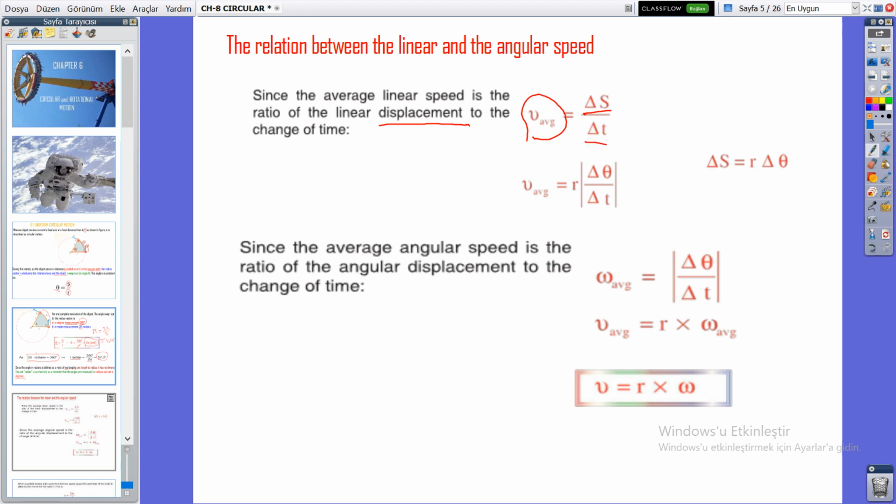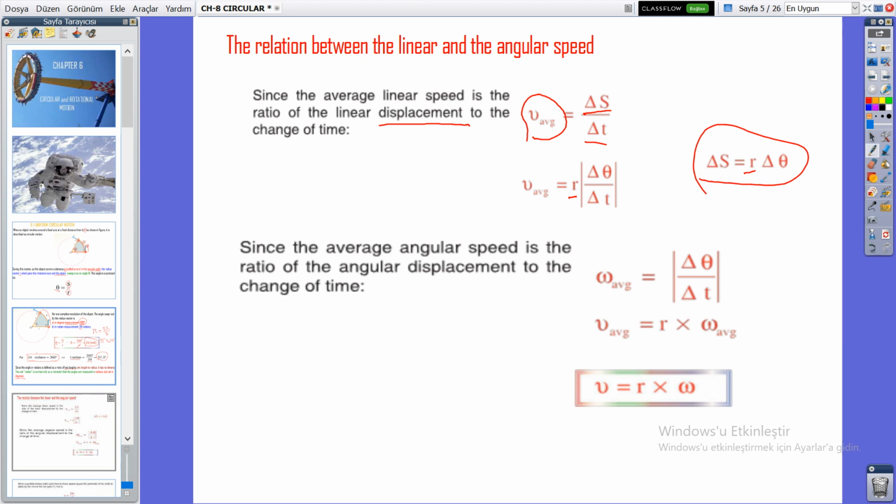And on the circle, average speed is r multiplied by the absolute value of the change of theta over the change of time, or the change of displacement equals radius multiplied by the change of theta.